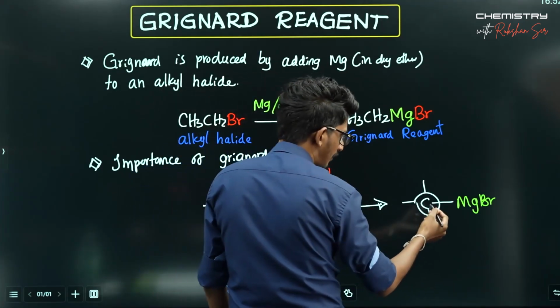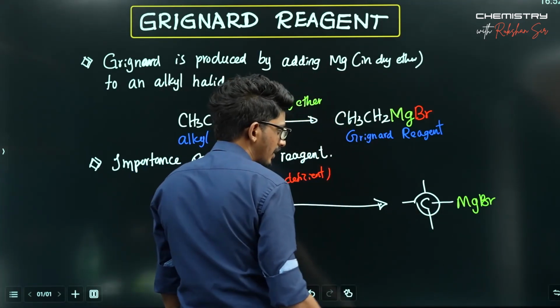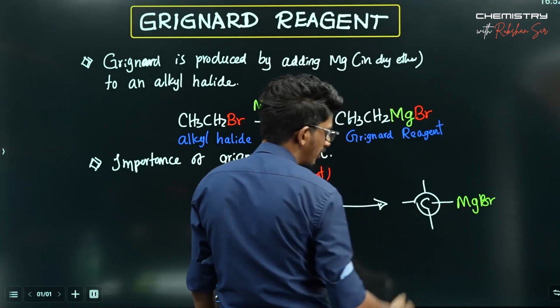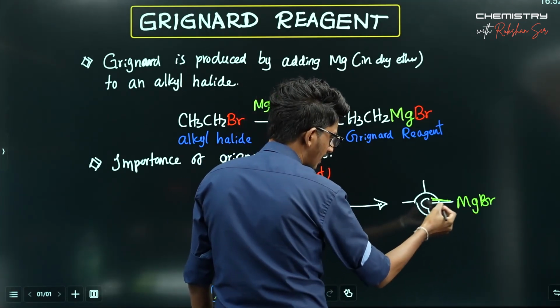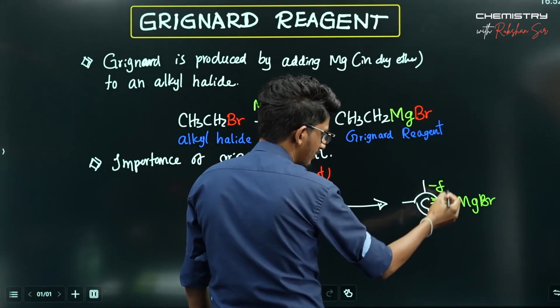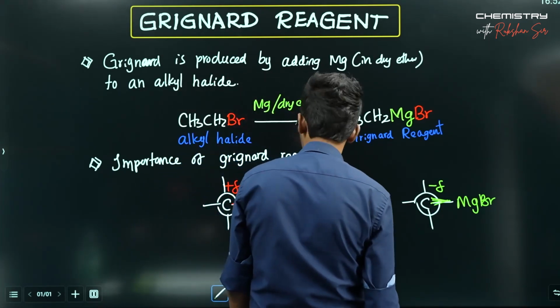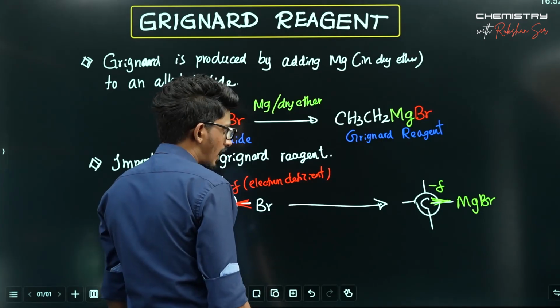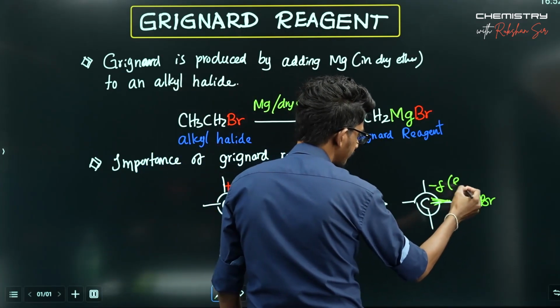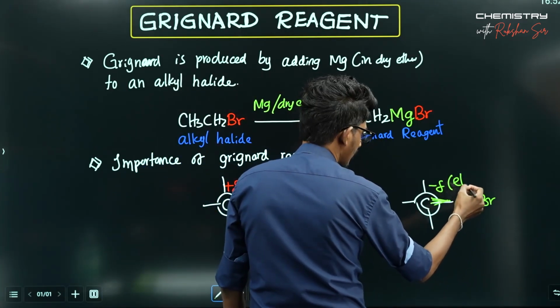Now the carbon is more electronegative than magnesium. This is 1.2, this is 2.4. So the electrons are attracted towards the carbon. So now in the Grignard reagent, your carbon is an electron rich carbon.